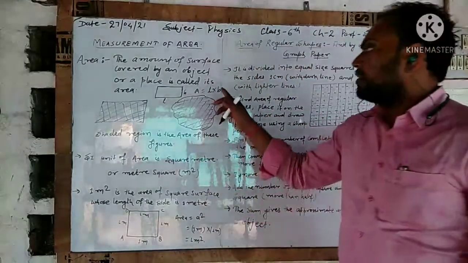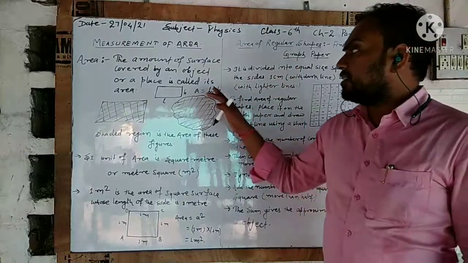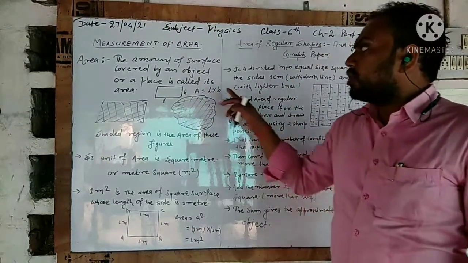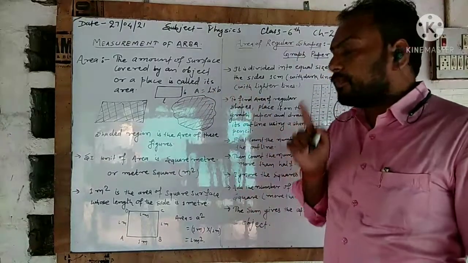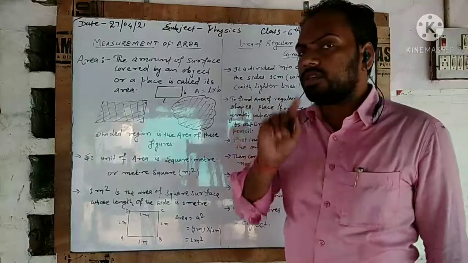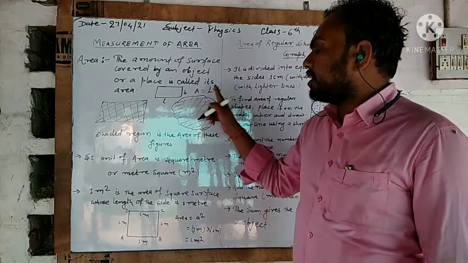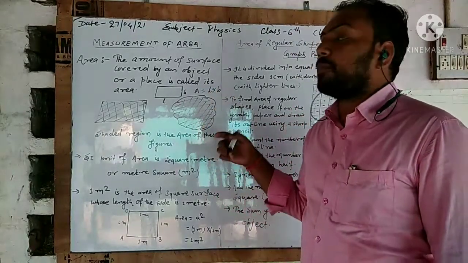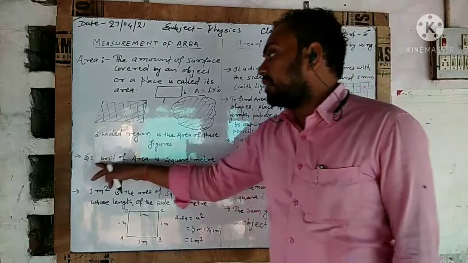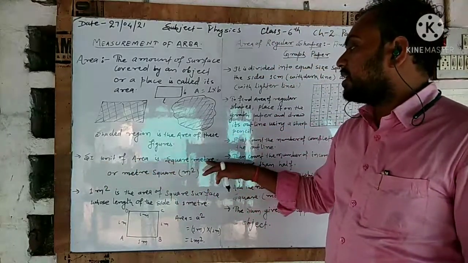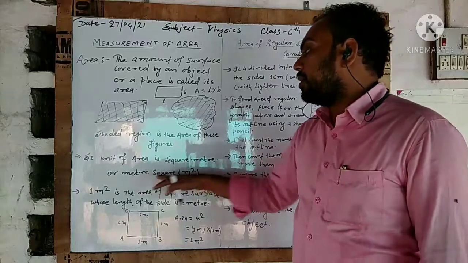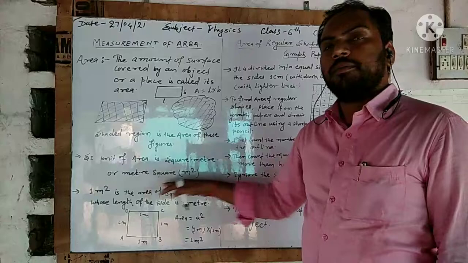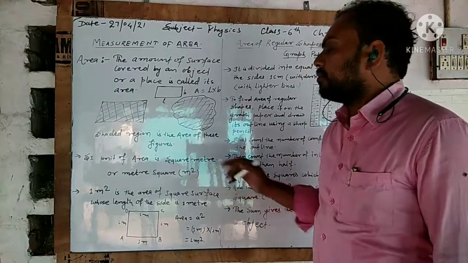This is called the area of this rectangular face. Length has a unit of meter and width also has the unit of meter. The product of meter into meter gives meter square. That's why the SI unit of area is the square meter or meter square.